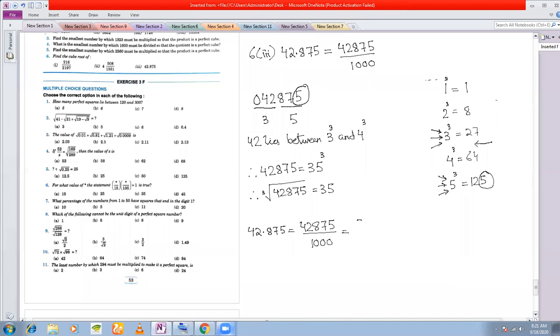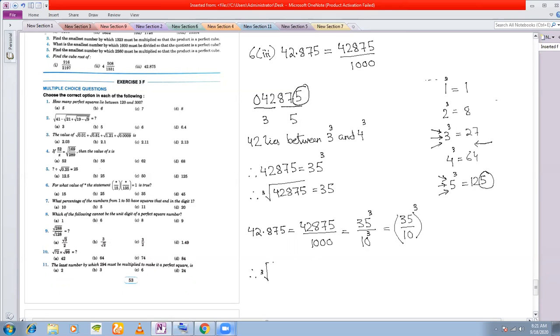We found that 42875 is the cube of 35, so I can replace this by 35 cube, and we know 1000 is 10 cube. So this can be written as 35 by 10 whole cube.